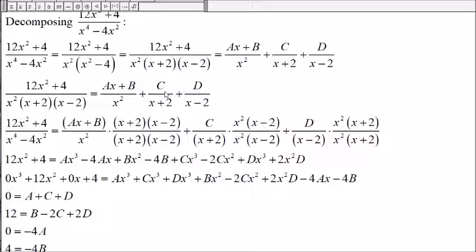Multiply this fraction here by x squared times (x minus 2) over x squared times (x minus 2). Multiply this fraction by x squared times (x plus 2) over x squared times (x plus 2). And so now all denominators are x squared times (x plus 2)(x minus 2).